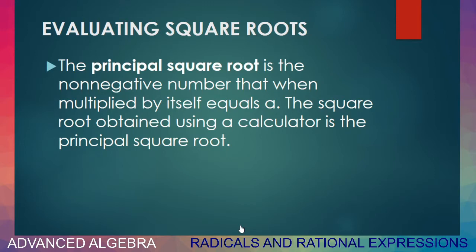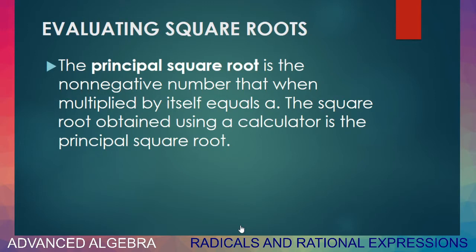So, the square root obtained using a calculator is the principal square root. Kung ikukumpara natin kanina, kung ang tinatanong is square root, it is either positive or negative yung sagot. But, kapag ang pinag-uusapan natin is principal square root, the only answer is the positive root of the square root. Okay?